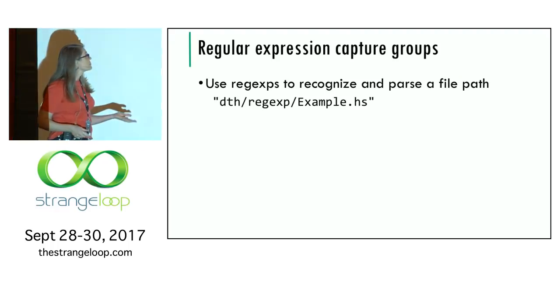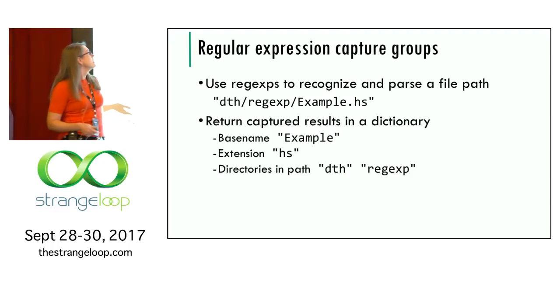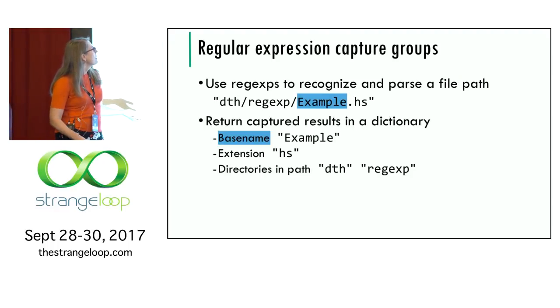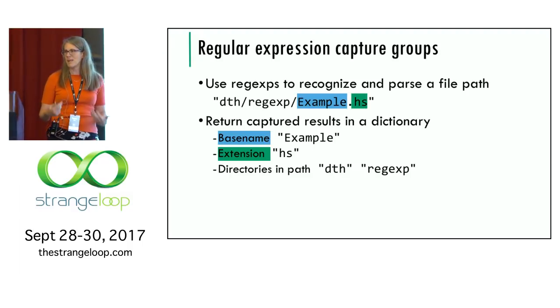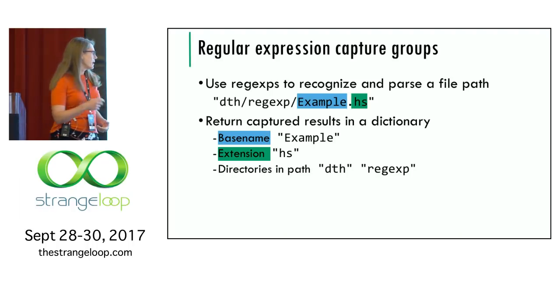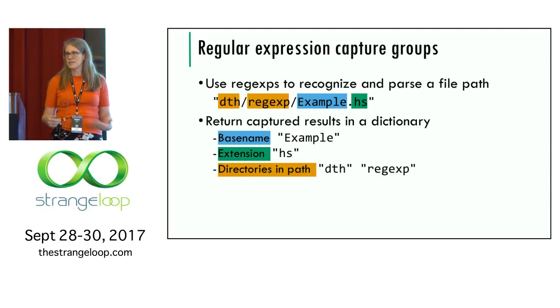And you might use some capture groups to pull out parts of it. We might look for the base name part of the file path, and parse it into that string. We might find an extension that may or may not be there. We might want to look for some directories and find out what all of the directories are in the path.